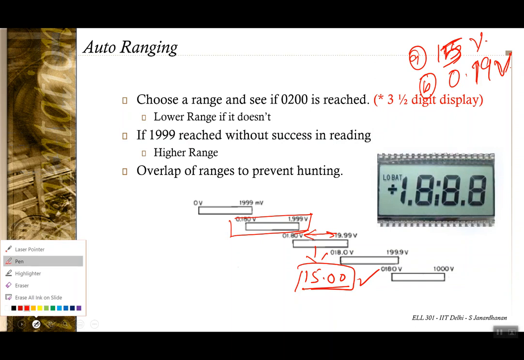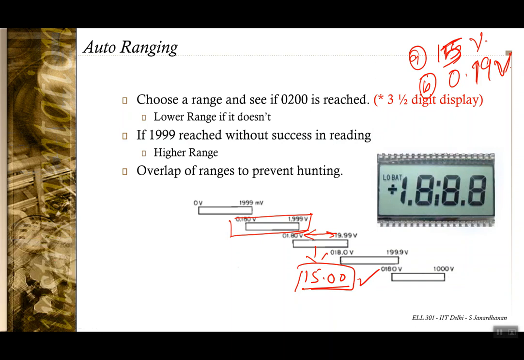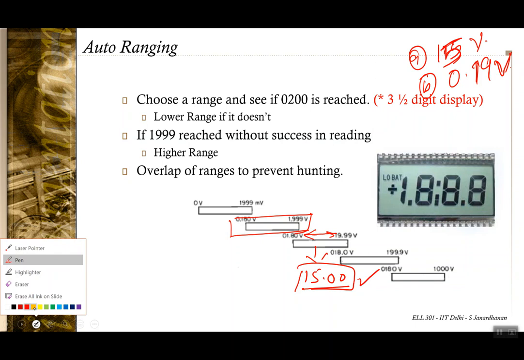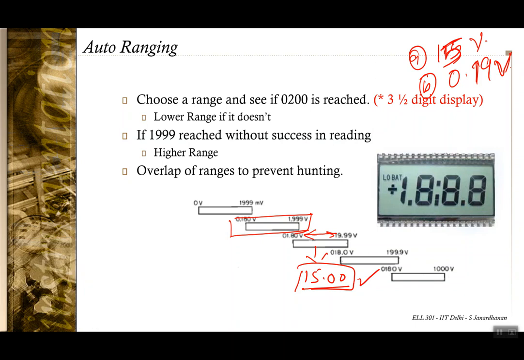Now in the second case, you again start from this range. However, what you are measuring is 0.19 volt, and the range that I have is 0.18 to 1.999. So the reading that you probably would get is 0190, which is less than 200, so this will go to the lower range.